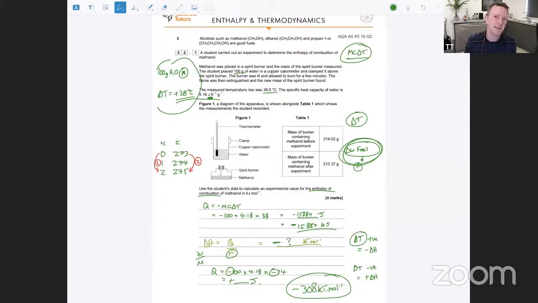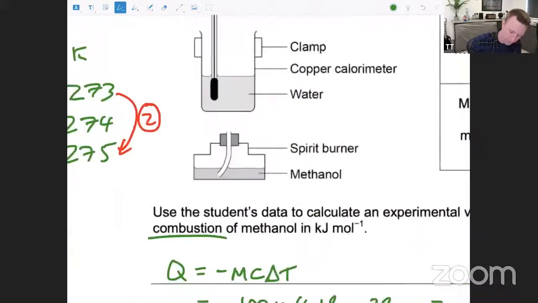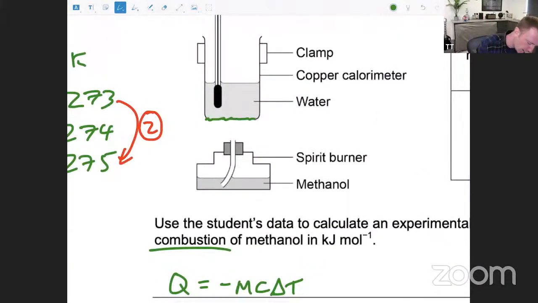And lastly, the specific heat capacity of the calorimeter isn't taken into account. Now, what I mean by that, I'll say that again, the specific heat capacity of the calorimeter isn't taken into account. And what that means is that the heat energy has to get transferred through this copper calorimeter, and that absorbs heat energy.